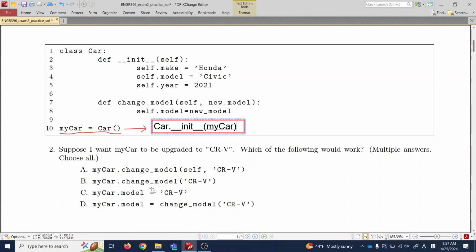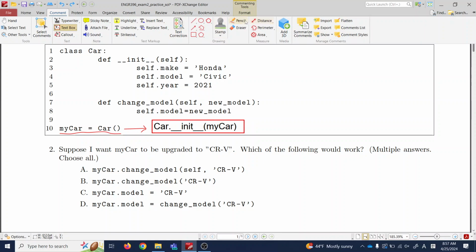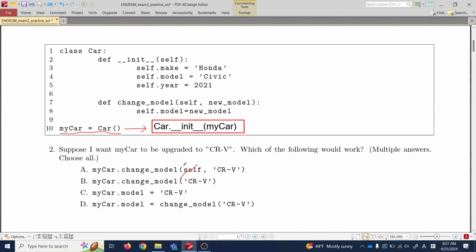So first of all, again, this is wrong. You should never pass the self to a method because that's automatically passed. The correct way to do it would be to do this. If you execute this, then you ask what's my_car.model, it's going to reply CRV now.